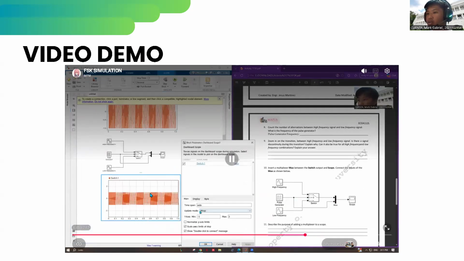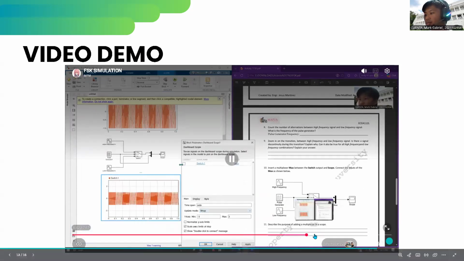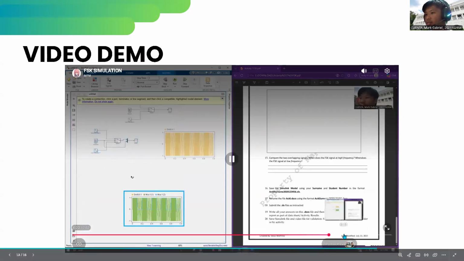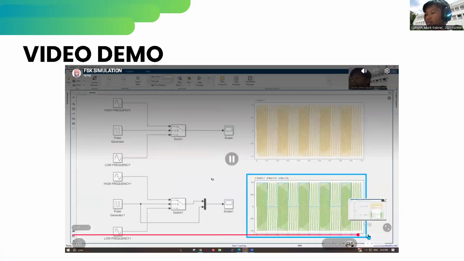Another dashboard scope here. There are two circuits shown in the video demo. The first one is the first circuit shown to us, and the second one is the same circuit but with the MUX. Side by side, they show the circuit and the output.